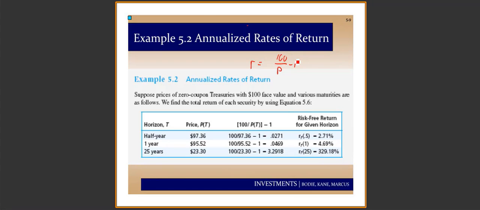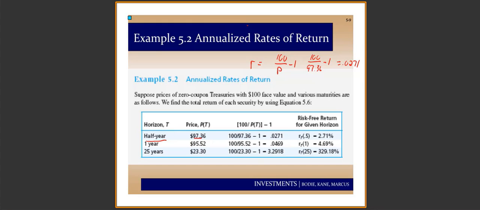For instance, for the first one, it's half a year. Well, the price is $97.36. So if we take 100 divided by 97.36 and subtract 1, we're going to get 0.0271. Now that's a half year, isn't it?